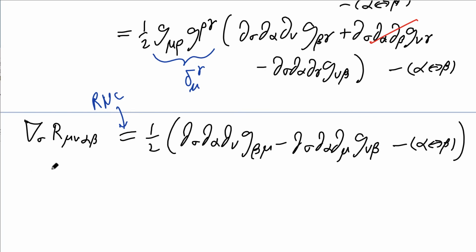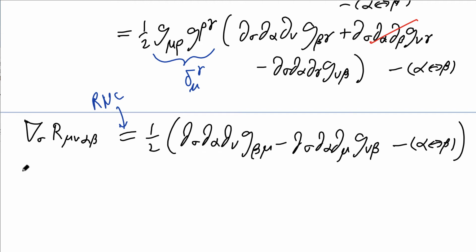So next, I'm going to write down this result again, but I'm going to change the order of the partial derivatives so that the partial with respect to alpha is the first of the derivatives. And I'm also going to make sure that the beta index here is the second index on g.